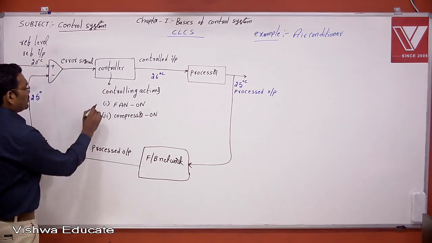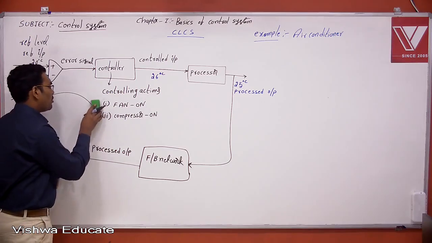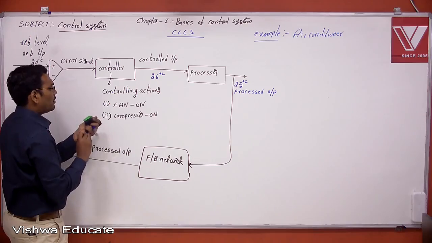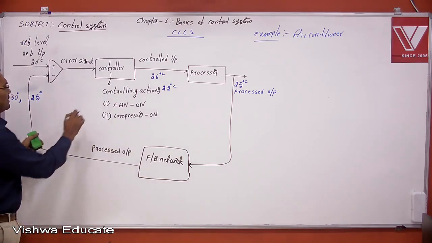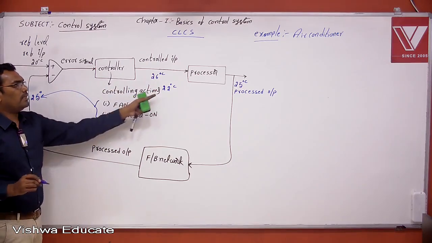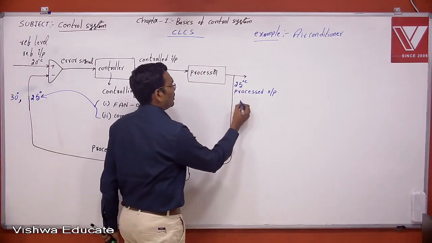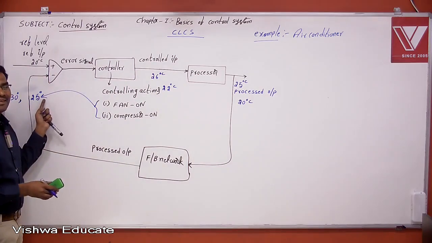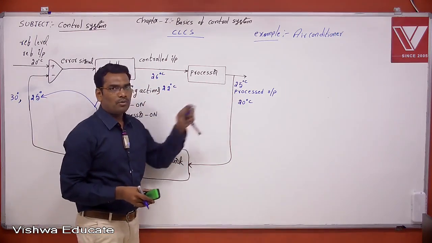Now these two controlling actions are simultaneously working on this 25 degrees centigrade, and therefore it is further processed and becomes 22 degrees centigrade, and then it is further processed and becomes 20 degrees centigrade.